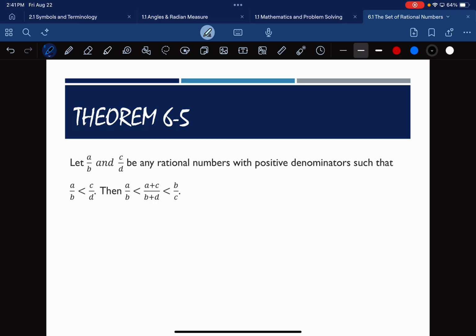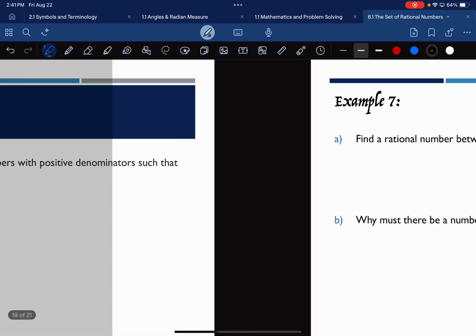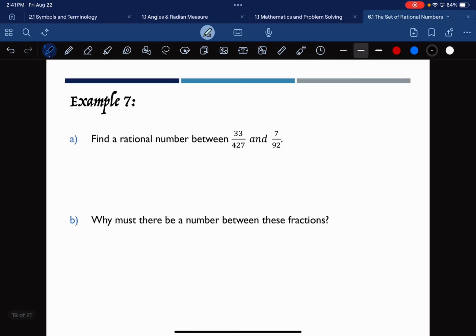So if we're taking a look at an example of this, 33 over 427 and 7 over 92, we really do not want to add these numbers together. Why? Do you know? The answer is because they don't have common denominators. If you don't have common denominators, you've got to get common denominators, and I don't want to deal with 427.